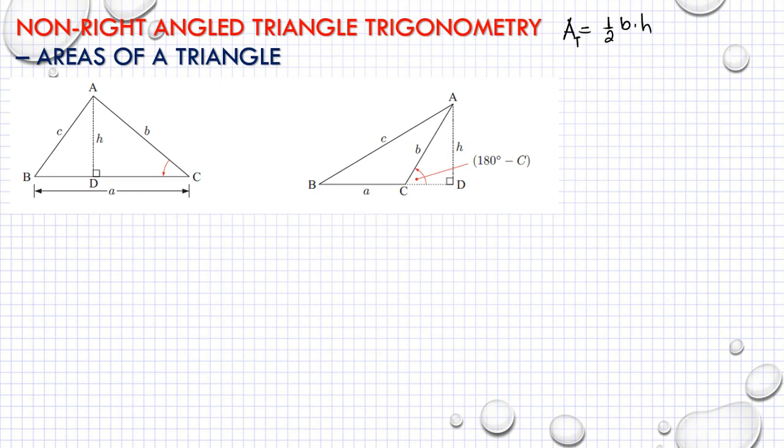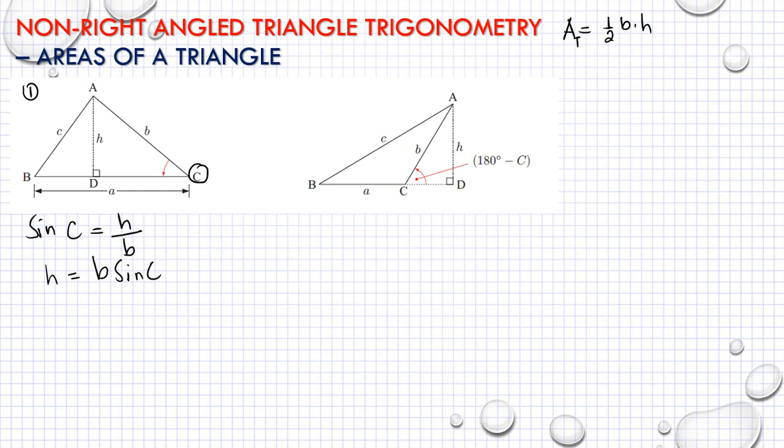Then we can see in this first triangle that sine C, this is our angle right now, sine C is equal to the opposite side, the height, divided by the side B. And we know height is equal to B times sine C.